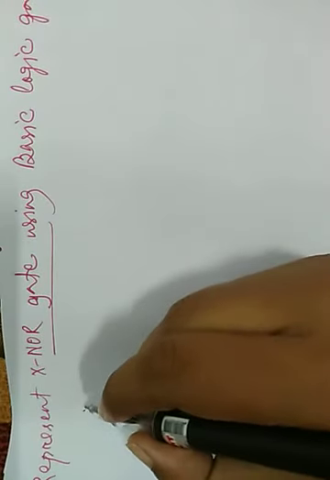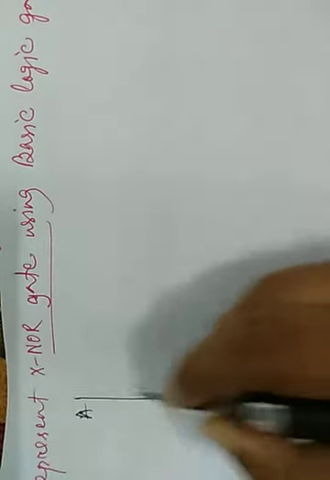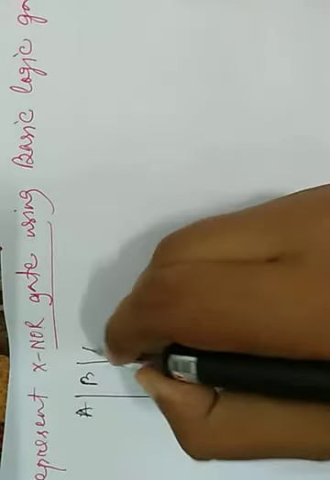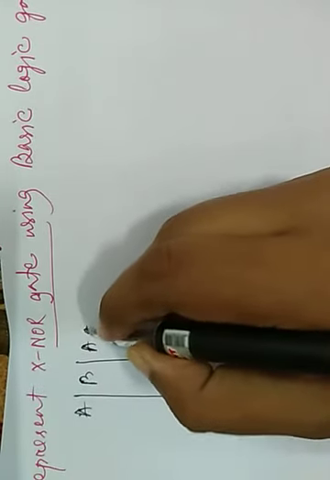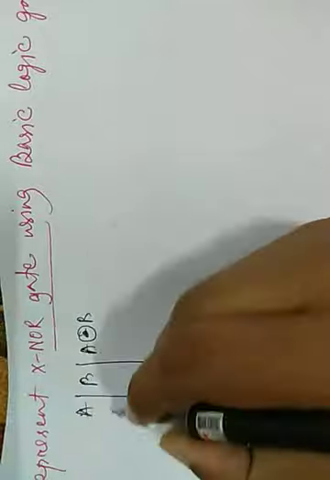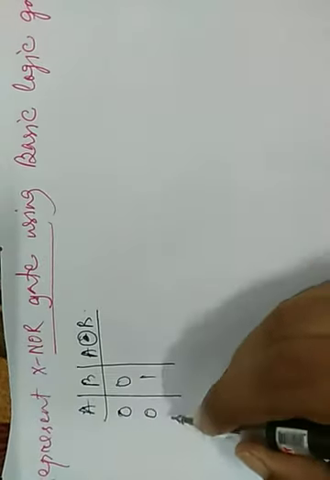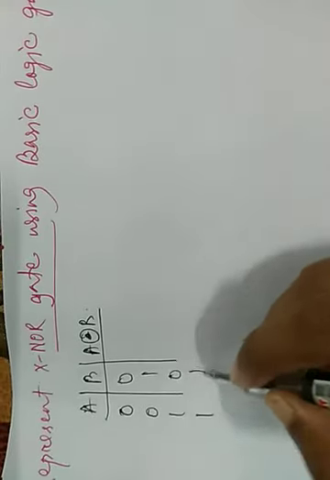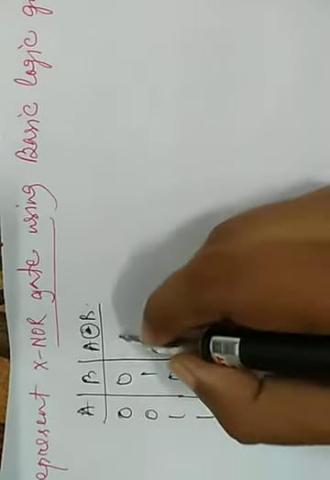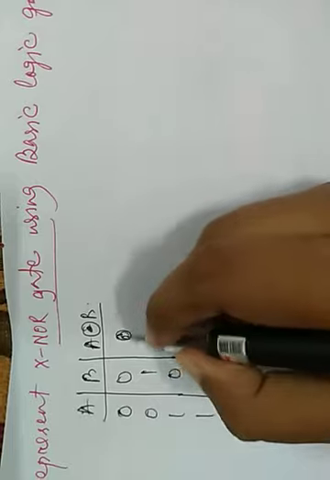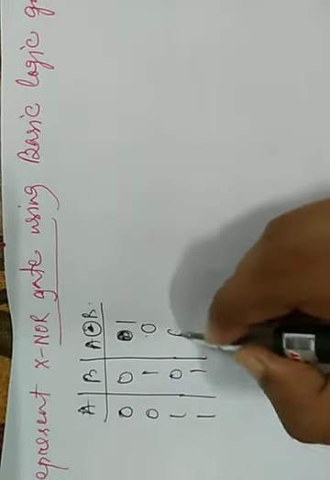So our XNOR gate truth table is A, B, A dot B: 0 0, 0 1, 1 0, 1 1, and the output is 1, 0, 0, 1.